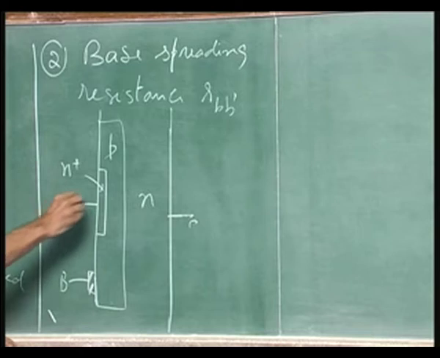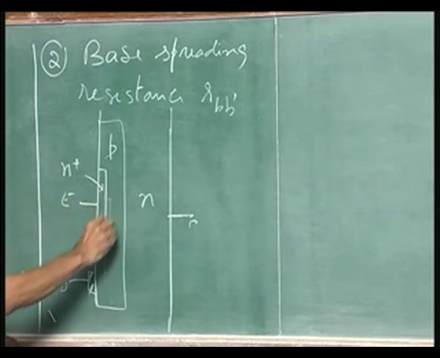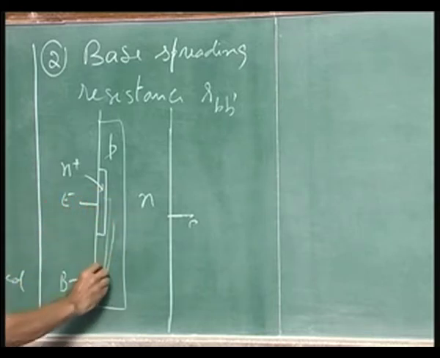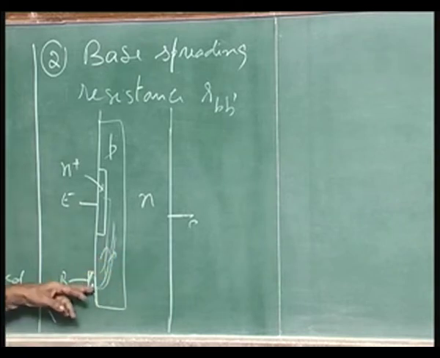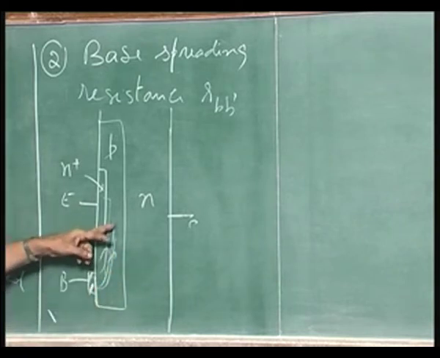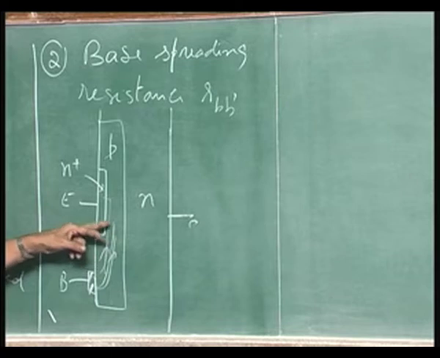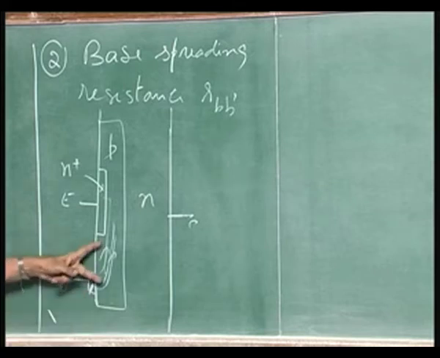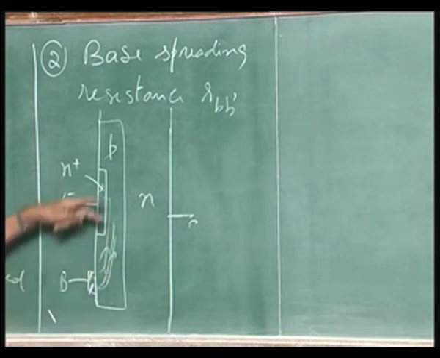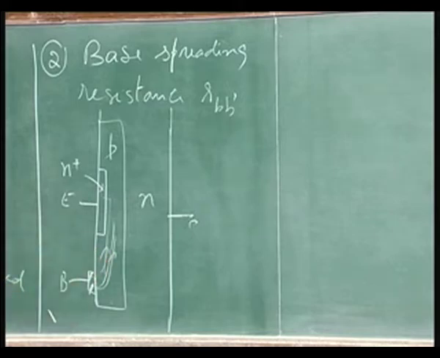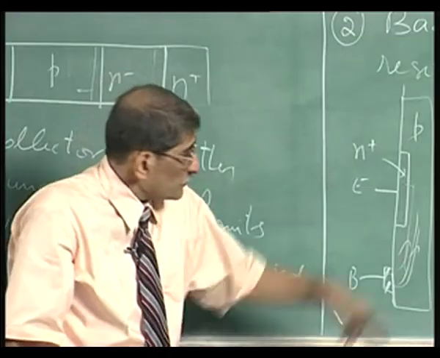Now, here the current flow is like this, laterally from the base, which supplies the recombination current and also supplies the whole current to the emitter. The base current is lateral. That is the one which is seeing this lateral resistance looking down.